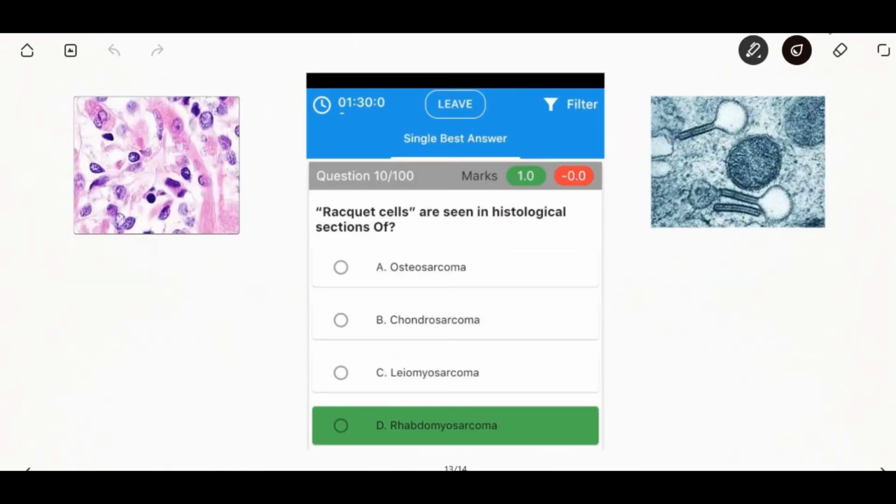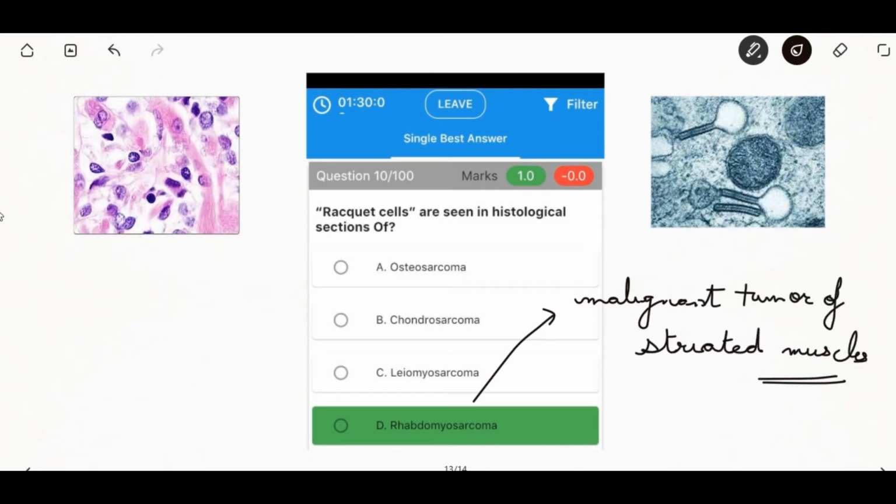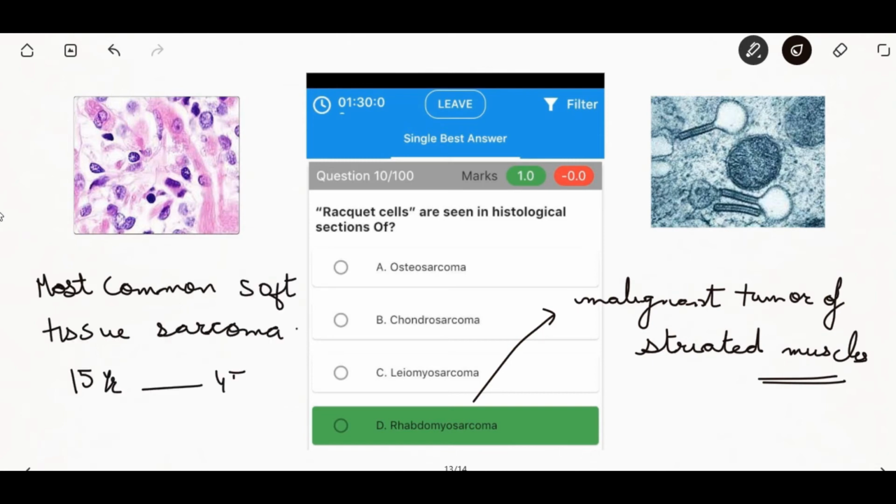Rhabdomyosarcoma. So what is rhabdomyosarcoma? It is a malignant tumor of striated muscles. They are the most common soft tissue sarcoma below the age of 15 years and rarely occur beyond 45 years of age. There are 4 types of rhabdomyosarcomas: pleomorphic, alveolar, embryonal, and botryoidal.